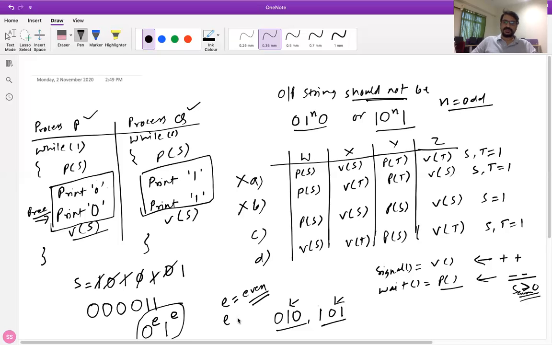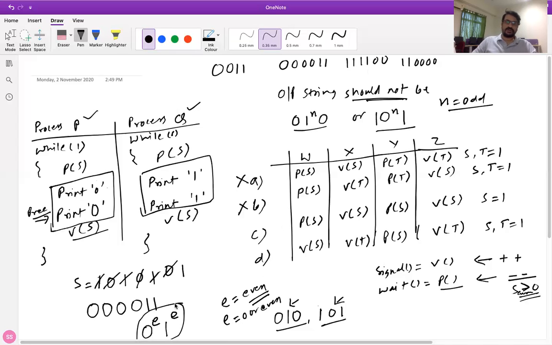Either it will be 0 or any even value. So it will be either 0, 0, 1, 1, or my pattern will be 0 0 0 0 1 1, or my pattern will be 1 1 1 1 0 0, or my pattern will be 1 1 0 0 0 0, in that way.